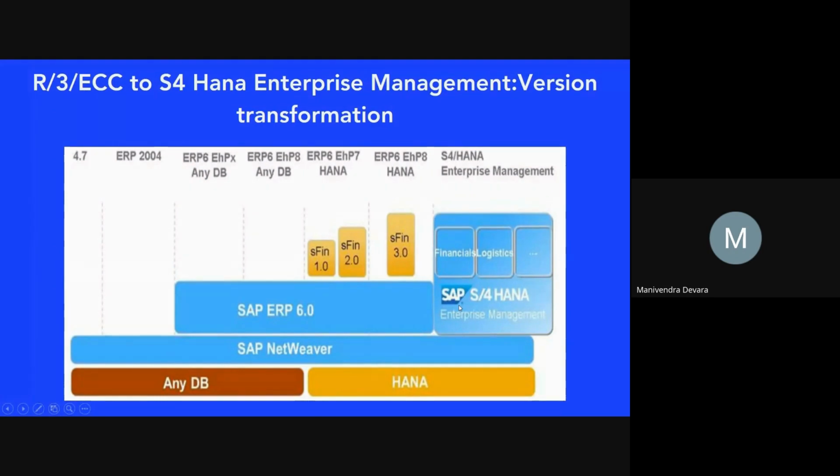You need to understand how the business processes will be integrated here. S4 HANA means simplified for high performance analytical appliance. Here I will be explaining how there is only an 18% difference.